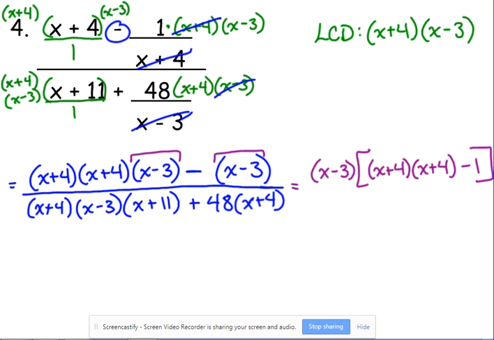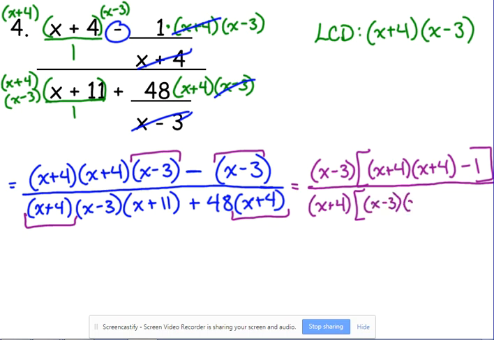Okay? Can we do a similar thing in the denominator? Similar, not exactly the same, but the first term and the second term both have x plus 4. Okay?